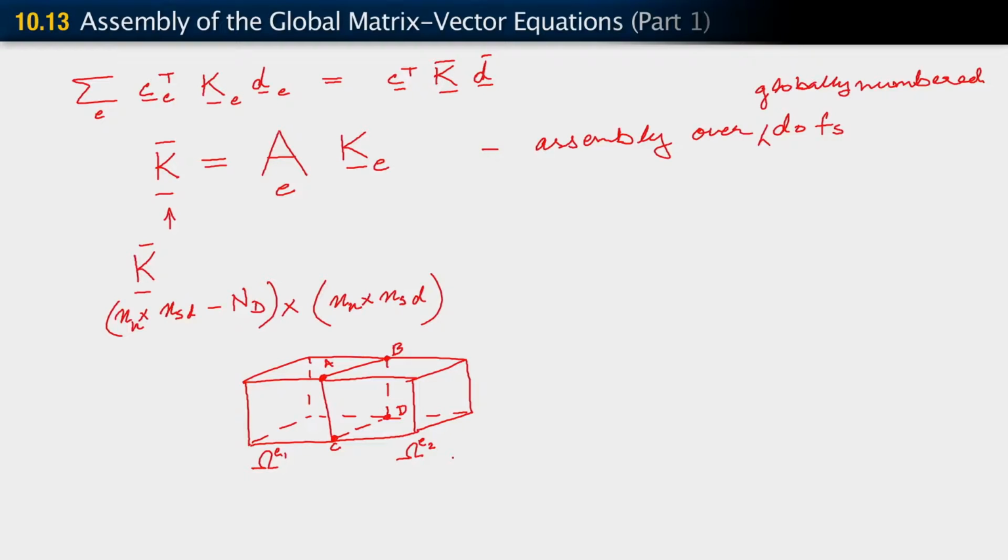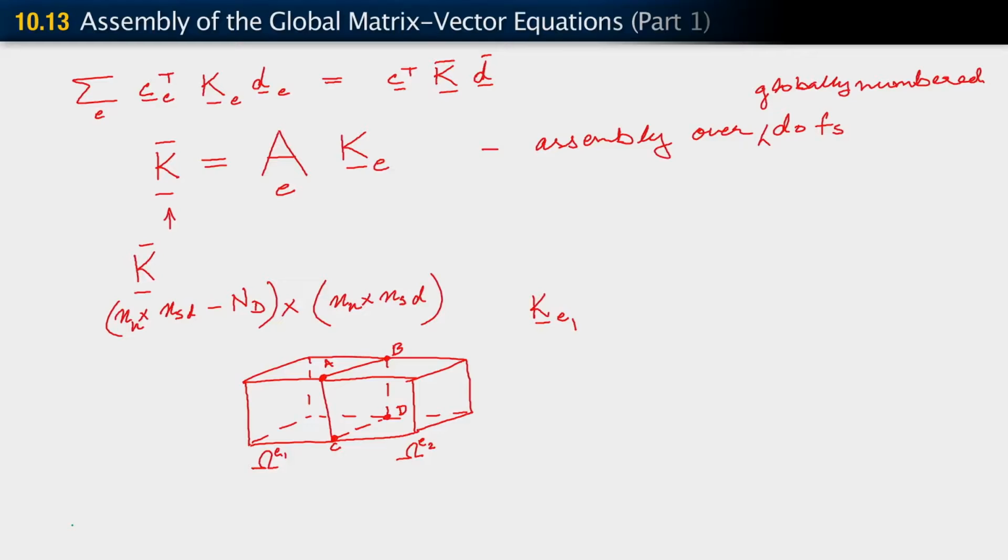Okay, so let's look at what the KE1 stiffness matrix may look like. Now let's suppose that for the KE1 stiffness matrix, we have a numbering which comes from the local ordering of nodes.